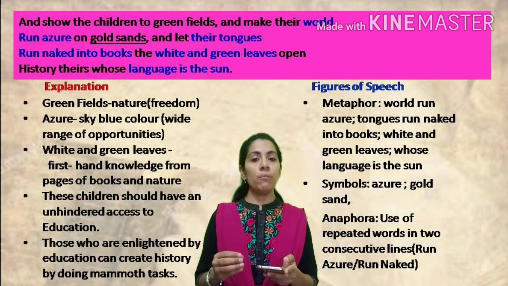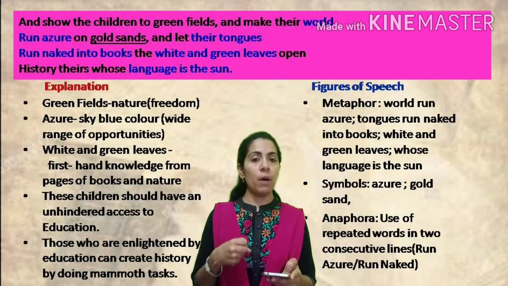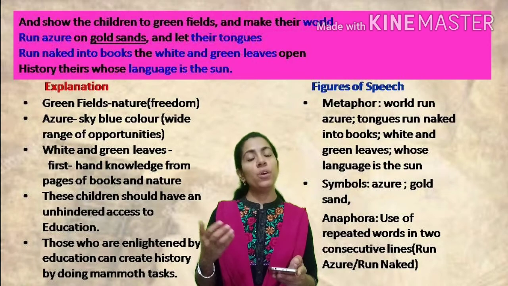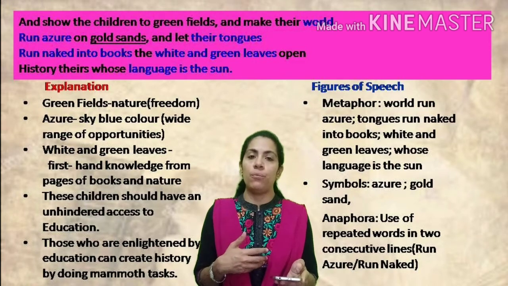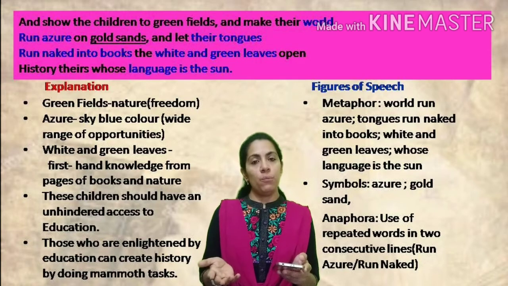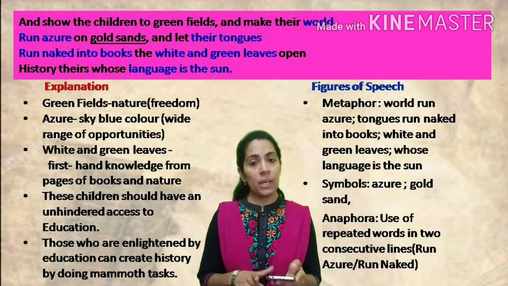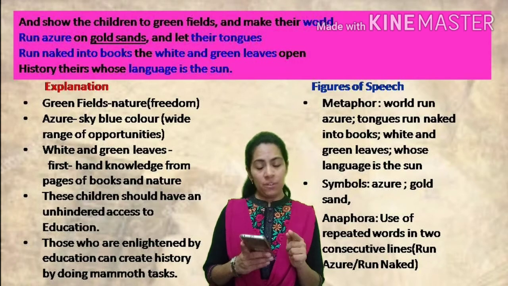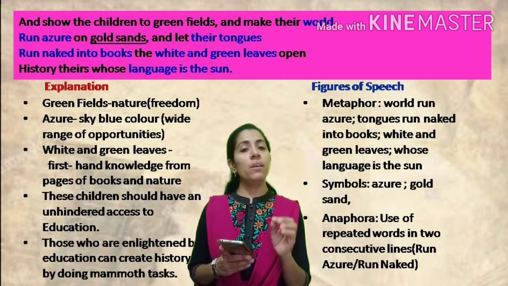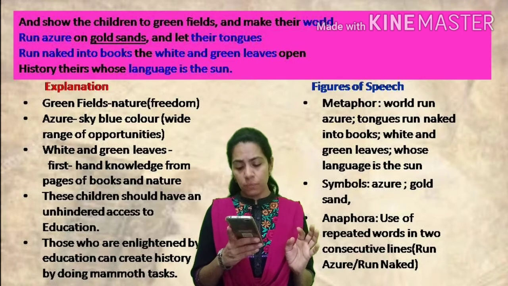If you have the powerful tool of knowledge, then you can create your own history. You can do inventions, and you can perform great deeds which are going to benefit the society as well as your own life. So those who are enlightened by education, they only can create history.